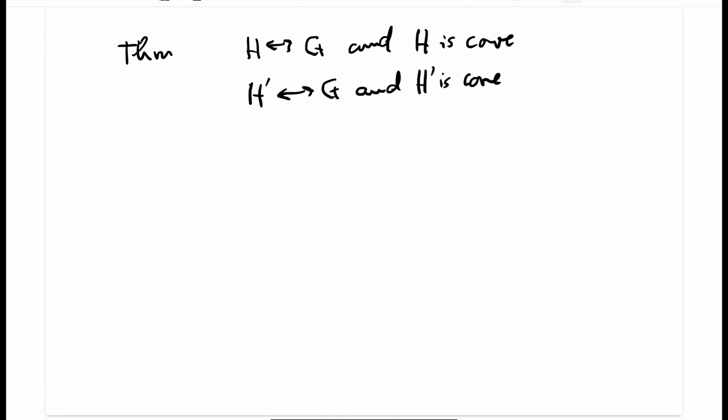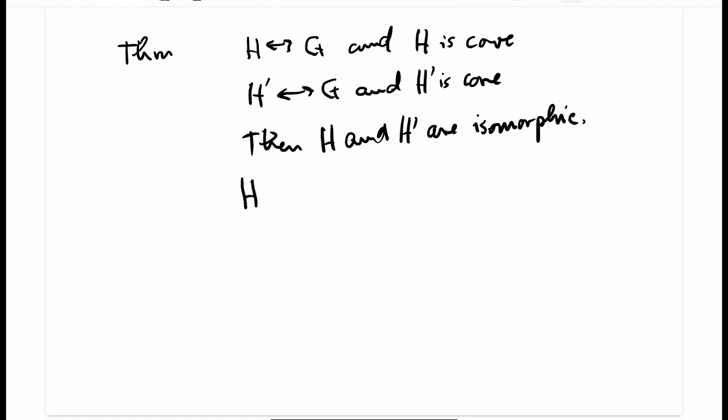Both satisfy these assumptions, then H and H prime must be isomorphic. This is also the reason why H is called the core, because it's essentially unique up to isomorphism. So H is the core of G.